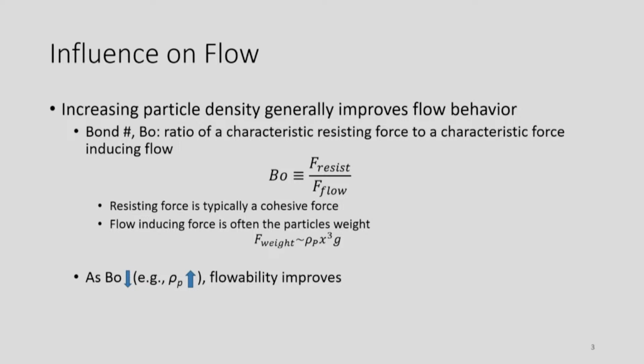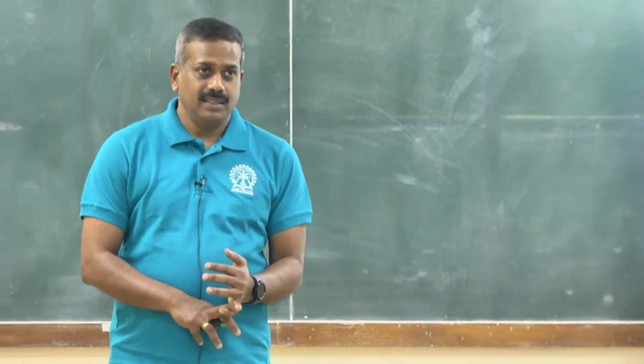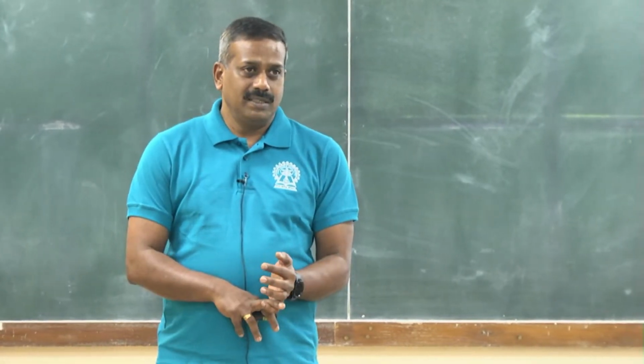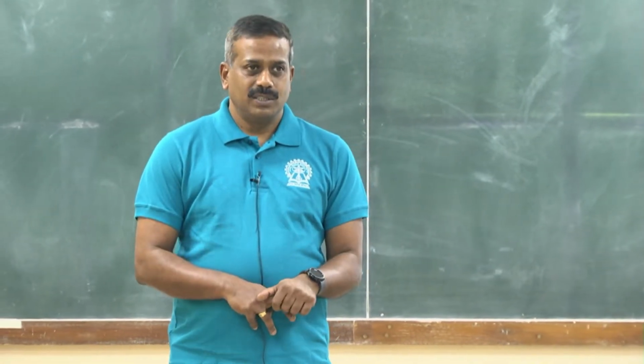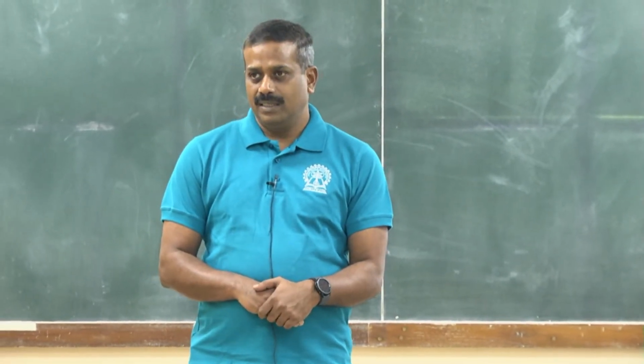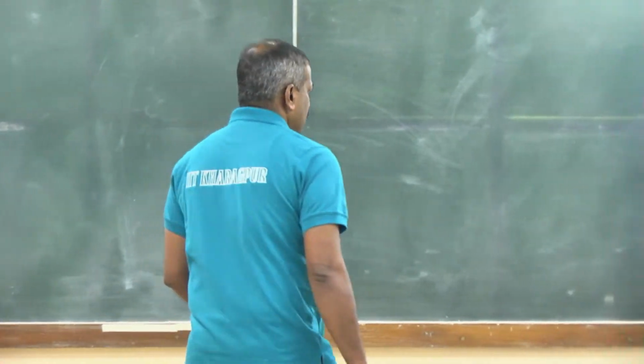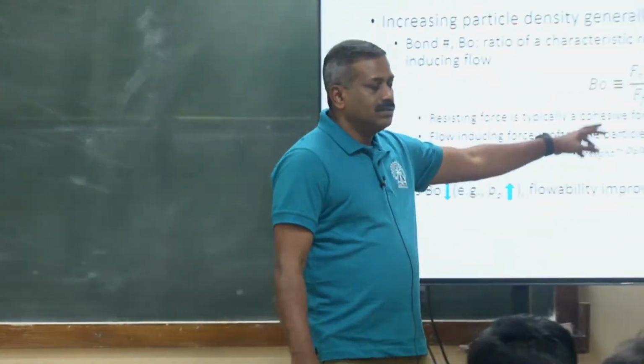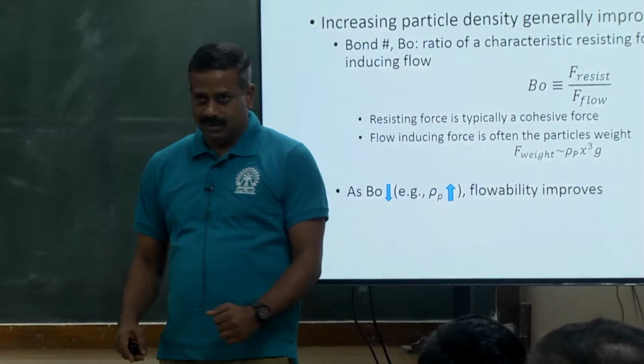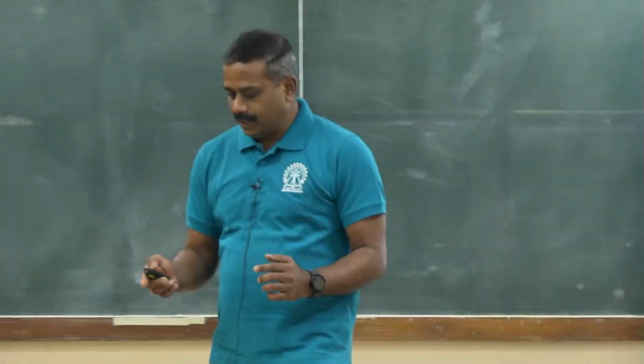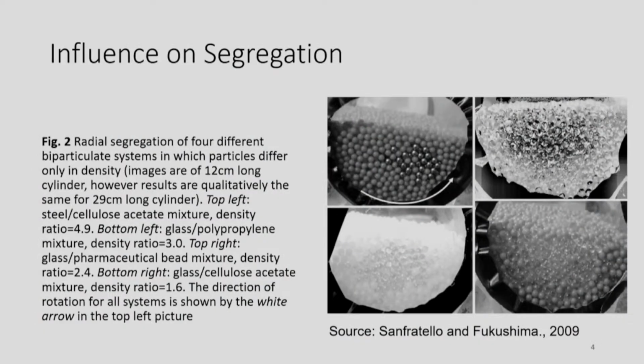In general, if the particle density is increasing, the flow behavior will be a little better. Why? Because the density is high, so the inertial forces will be high, so the Bond number goes down and the flowability will increase.